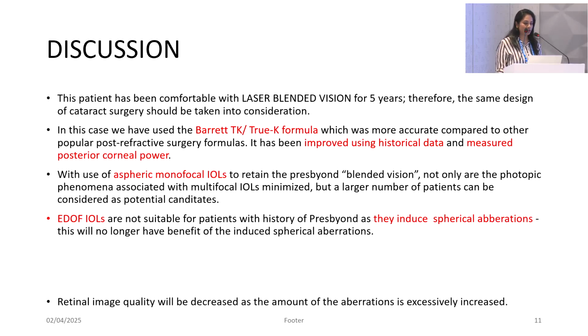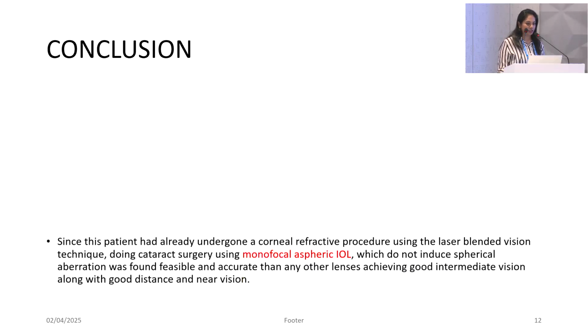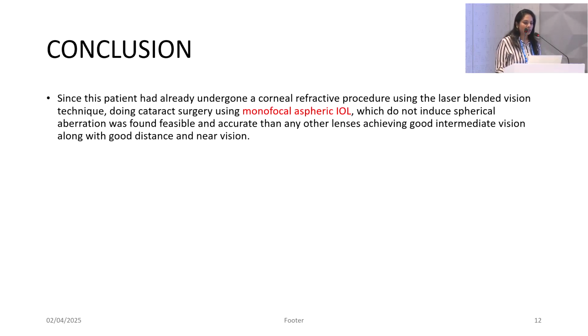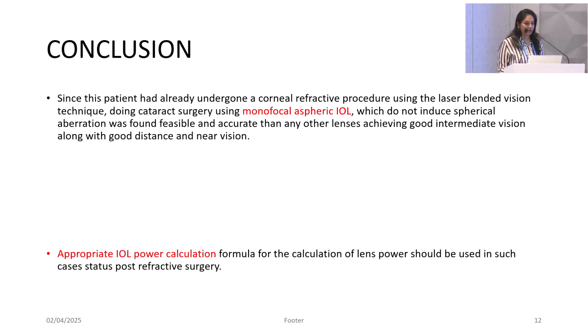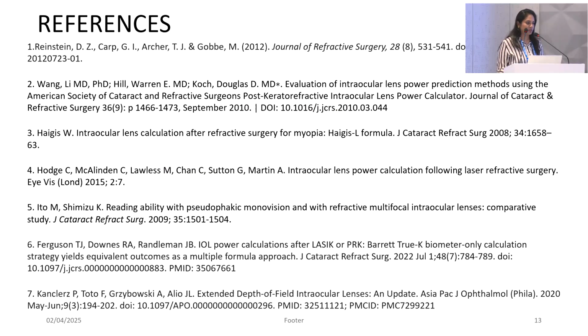EDOF lenses are not suitable in such patients because the retinal image quality will be decreased. So the key thing is always to go for a monofocal aspheric IOL to maintain good distance and near vision. An appropriate IOL calculation has to be done in patients undergoing cataract surgery post-refractive surgery. In this case, we chose the Barrett True-K TK formula. These are my references.